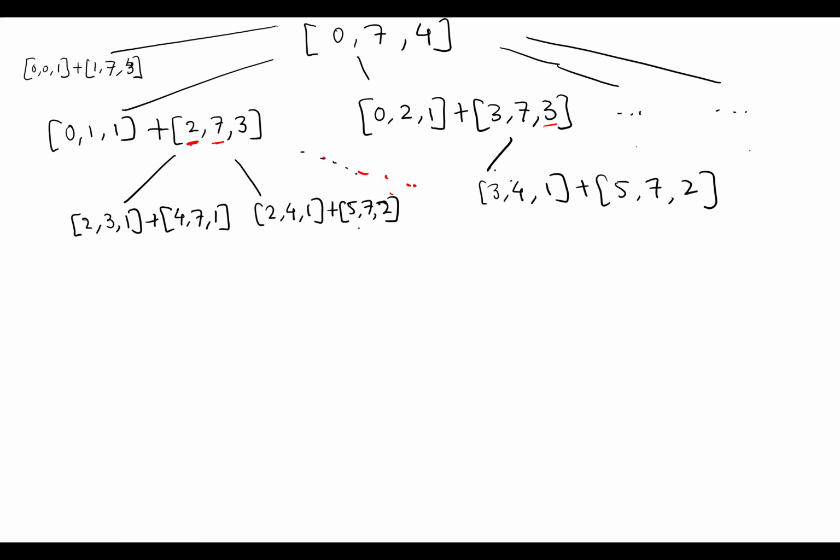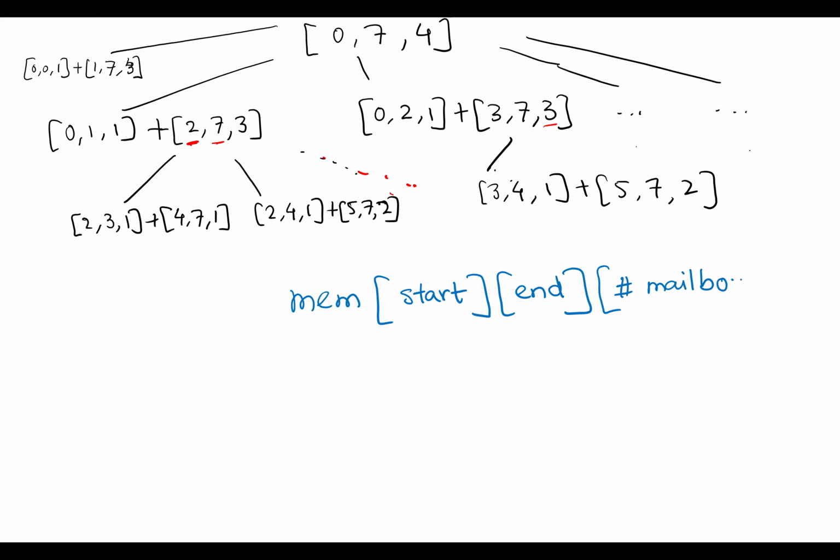So instead of solving these separately, obviously what we want to do is optimize it. We can keep a memory, or this is the memoization technique that we are going to use. So we can keep an array where these will be identified by the start index of the group, the end index of the group, and how many mailboxes we want to assign to this group.